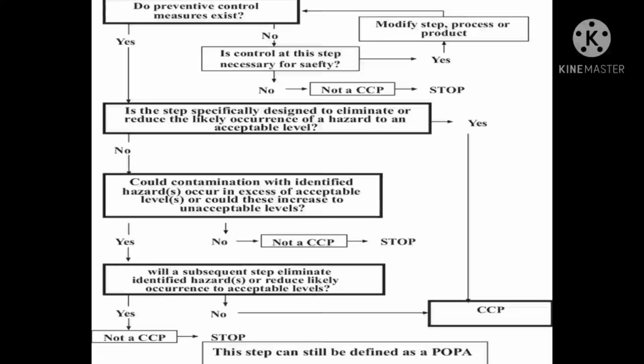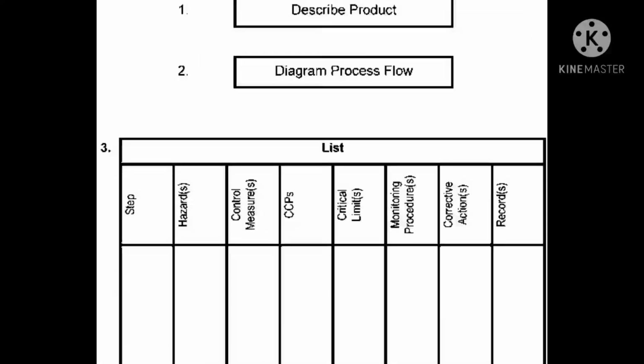Identification of CCPs can be done by a decision tree by answering questions in sequence. The HACCP worksheet includes all the description and findings about the food chain.